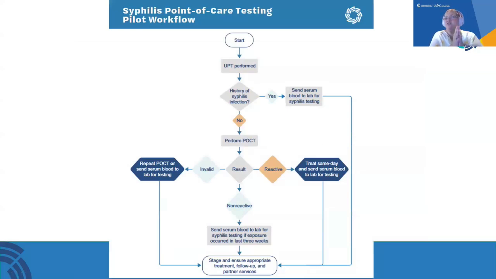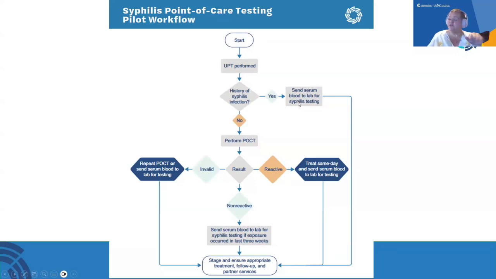So real quickly, I wanted to go through the pilot workflow of what we're going to be doing in the clinics as we move forward. You can use these tests for any patient, but the minimum that you have to do is when you perform a pregnancy test, whether it's positive or negative, it doesn't matter. You're going to ask the patient if they have a history of syphilis. If they do, you're going to send off blood to the lab for syphilis testing.